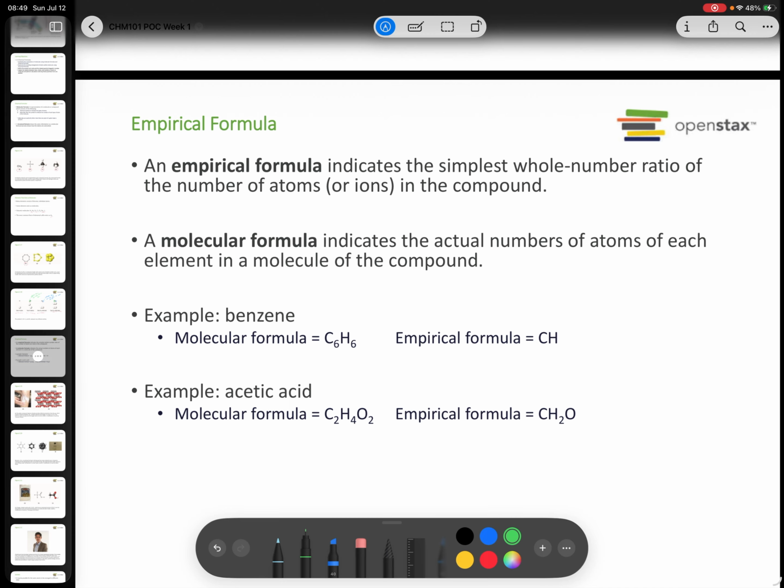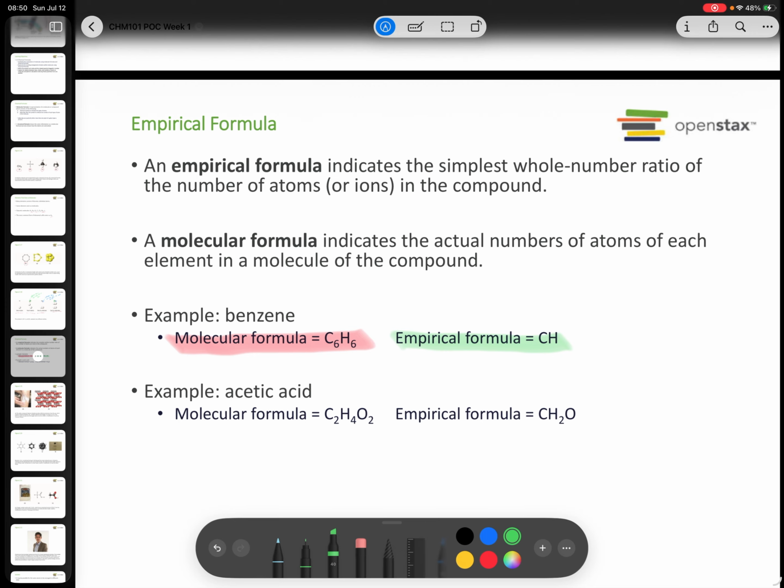Okay, what is its empirical formula? Its empirical formula is CH.